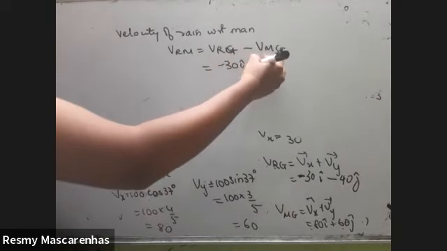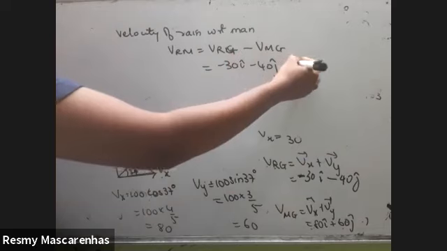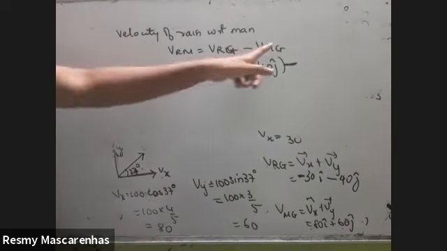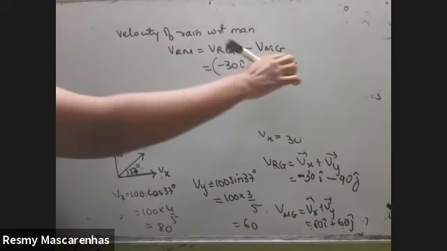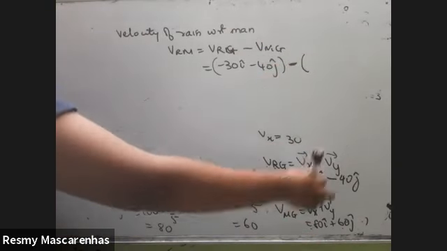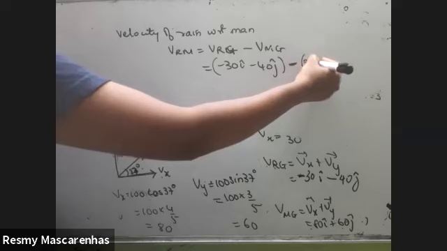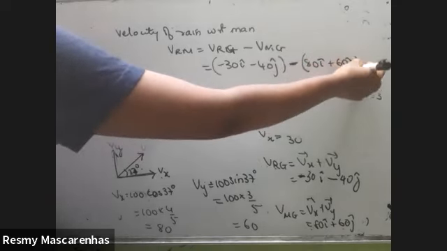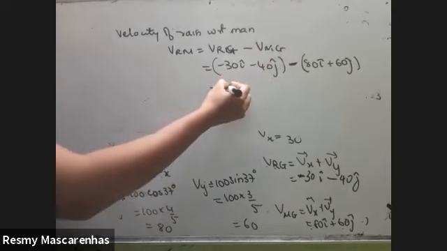This is already minus 30 I cap minus 40 j cap. Middle sign is minus. Put it in the bracket because this minus belongs to all the terms. This minus is because of the formula.